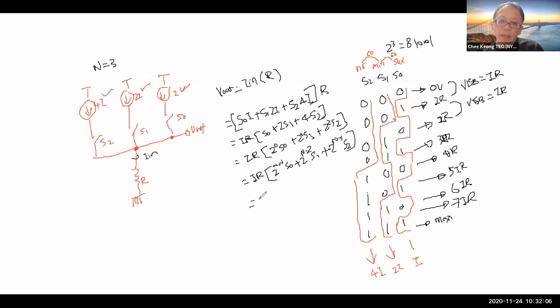So if I take out 2 to the power of n, then essentially I get S0 over 2^n plus S1 over 2^(n-1)... S1 divided by 2^n plus 2^(n-1) over 2^n S2, right?